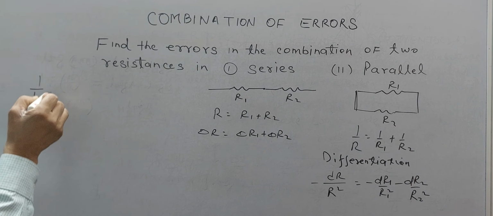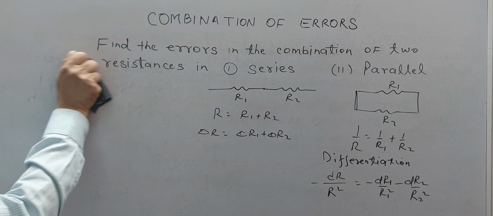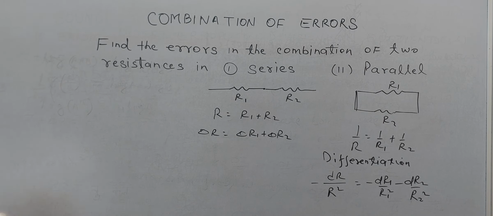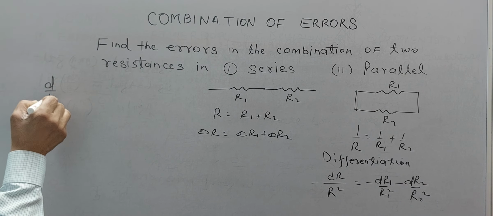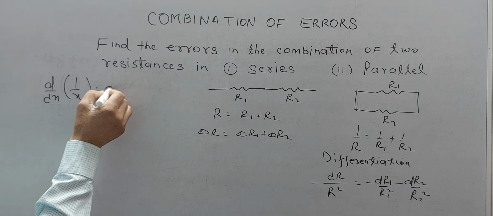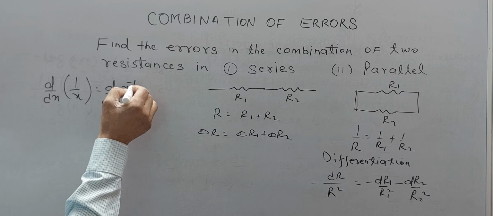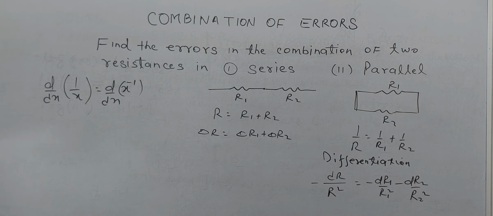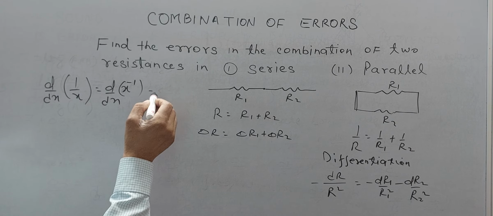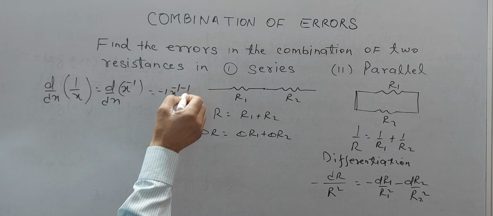Suppose this is the quantity. If you differentiate it, d upon dx of 1 upon x, you bring this x in the numerator, x raised to the power minus 1. So that value becomes minus 1 times x raised to the power minus 1 minus 1.